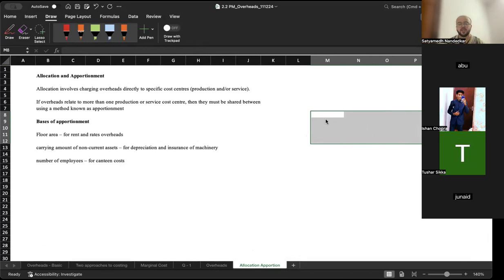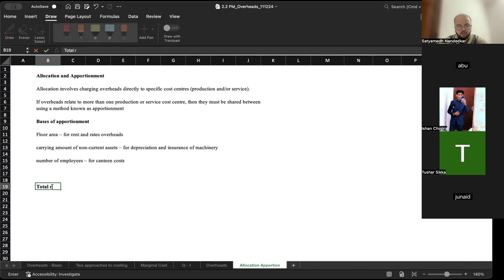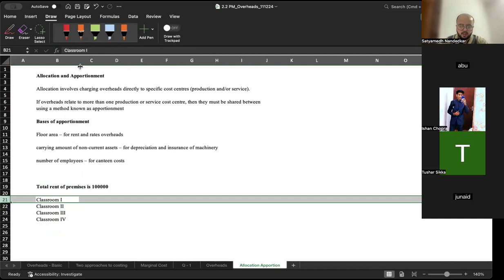Say, for example, there are four classes being conducted in this premises, and the total rent of the premises is 1 lakh. Classroom 1, classroom 2, classroom 3, and classroom 4. There are four classrooms.